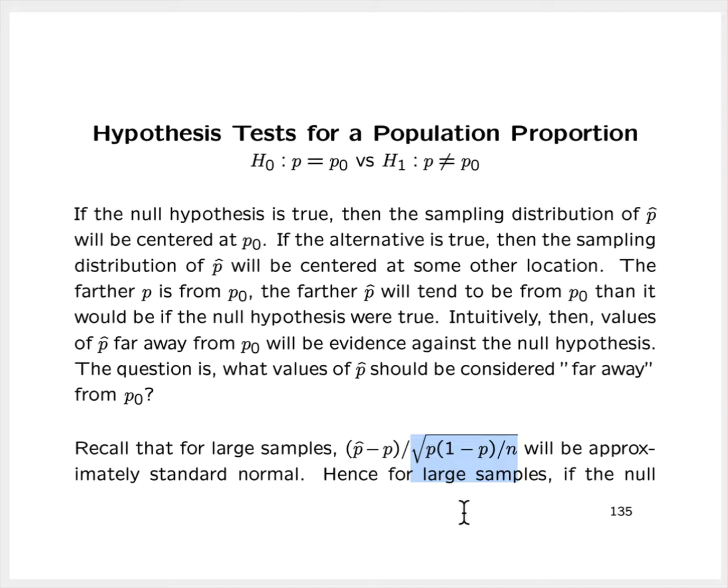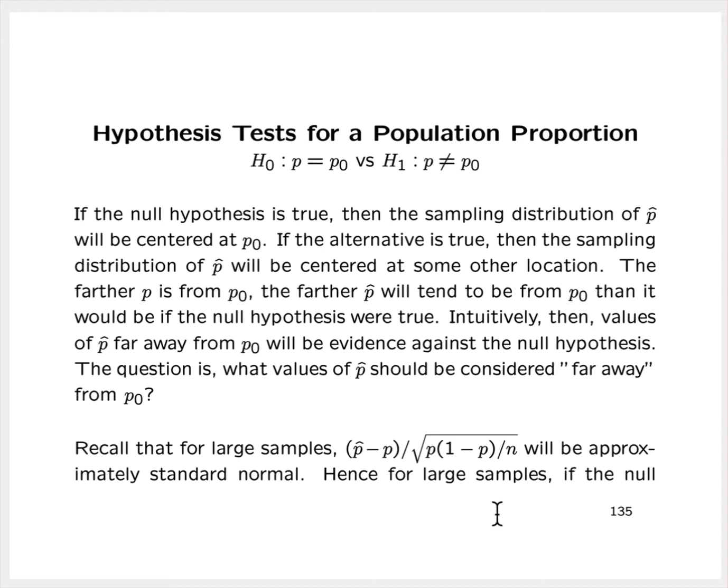Otherwise, if we did know p, we wouldn't have to test hypotheses about it. So we can't calculate this, but we can represent it. So that's the point here. We know that for large samples, this true standardized version of p hat will be approximately standard normal. We know that because of the central limit theorem.